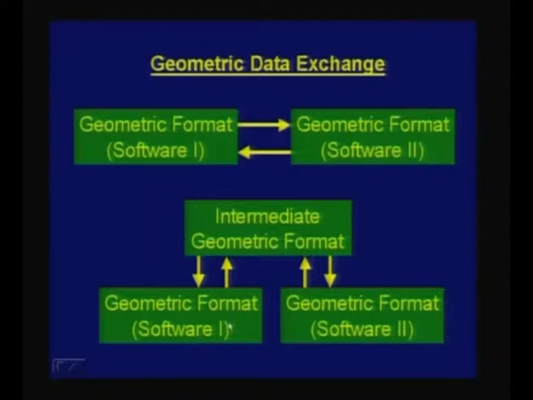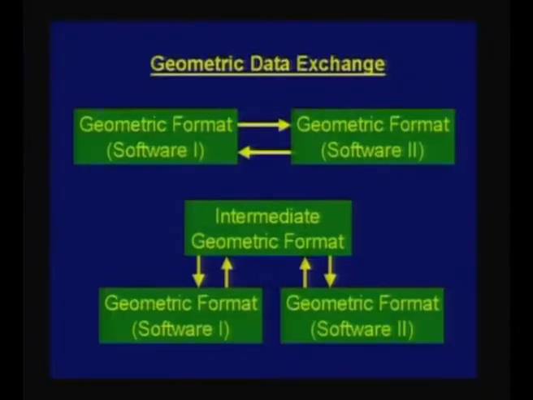I can have a translator to convert from the geometric format of software 1 to this intermediate format, and then another translator which goes from the intermediate format to the geometric format of software 2. If I want to move in the other direction, I have to follow the second set of translators which are available. So, this is another way of doing a translation process or transferring geometric data from one system to another.